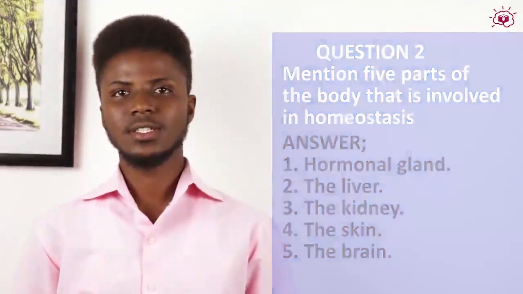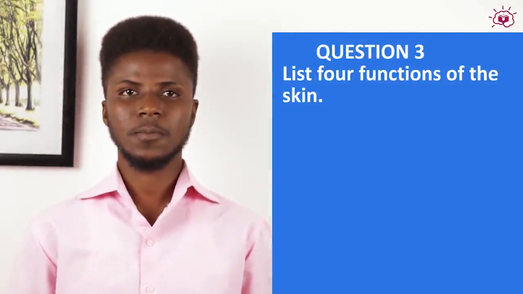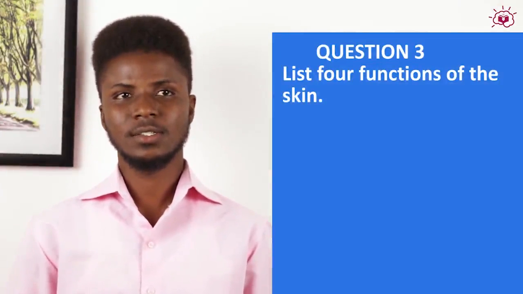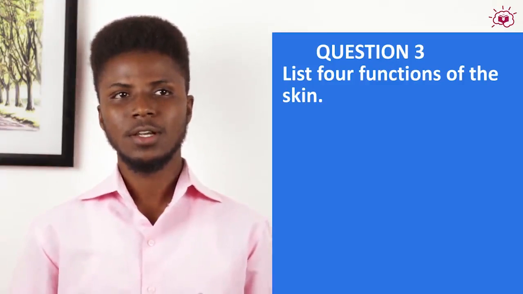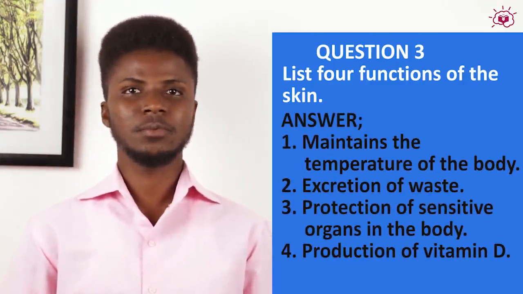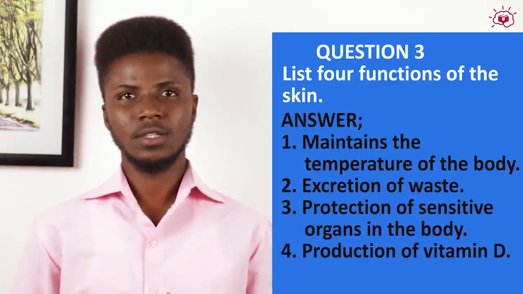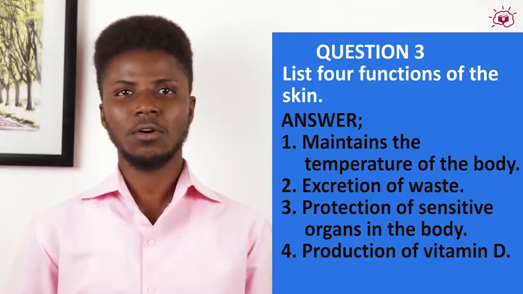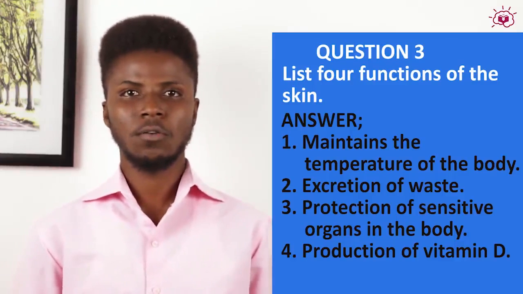The next question states, list 4 functions of the skin. And the best way to answer it is by listing the 4 major functions of the skin. They include maintenance of the temperature of the body, excretion of waste products in the body, protection of sensitive organs of the body, and production of vitamin D.